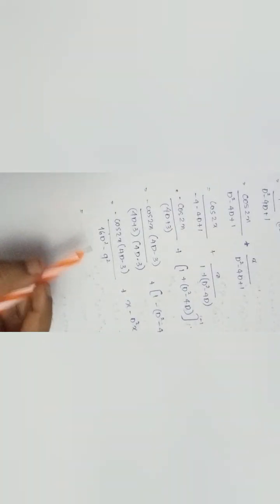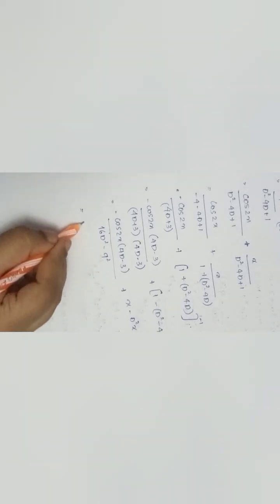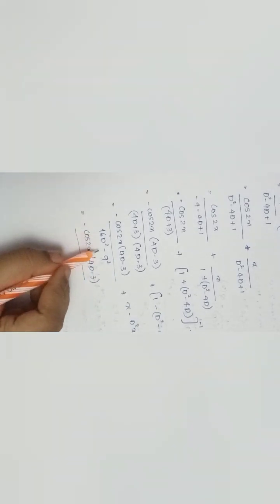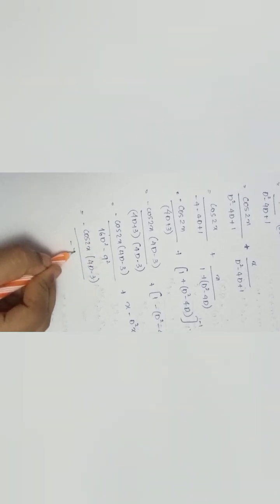So here we have to substitute the value for D square as minus a square, so this will become cos 2x into (4D minus 3), and it is 16 into minus 4 minus 9, that is minus 73, plus x minus D square x, meaning D square by dx square of x, so 2 times differentiation it is 0, and here it is 1, so 4 into 1.